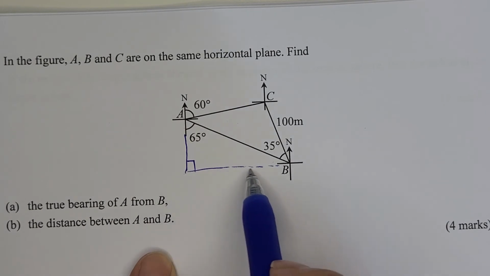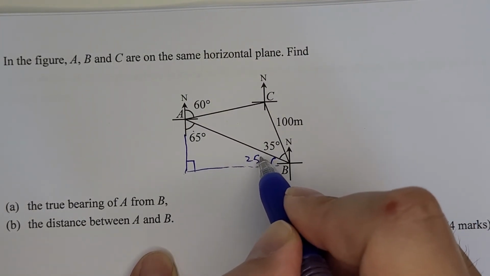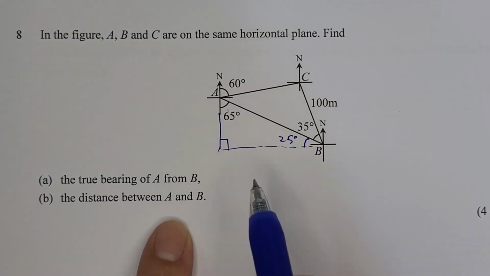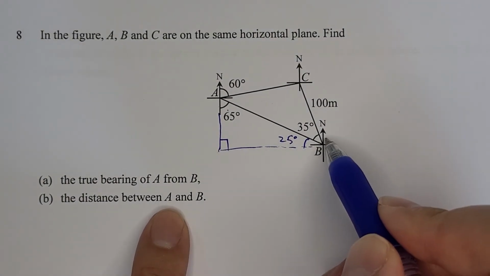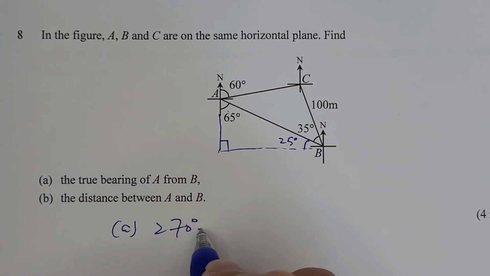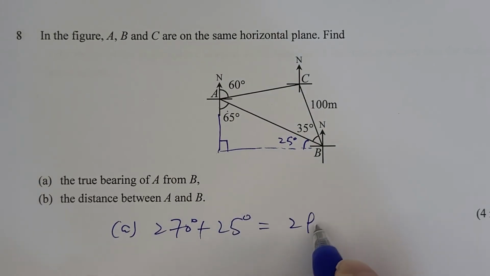When there's a right angle, that's 65 degrees, and here will be 25 degrees. Okay, so the true bearing of A from B would be 270 degrees plus 25 degrees. That is 295 degrees.